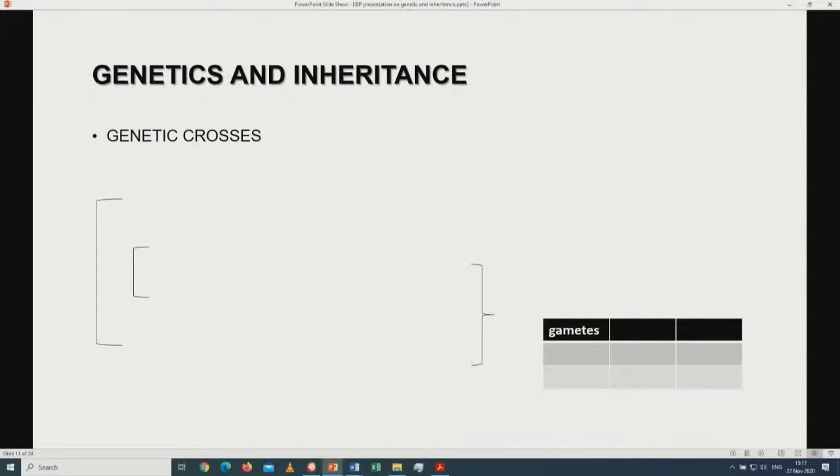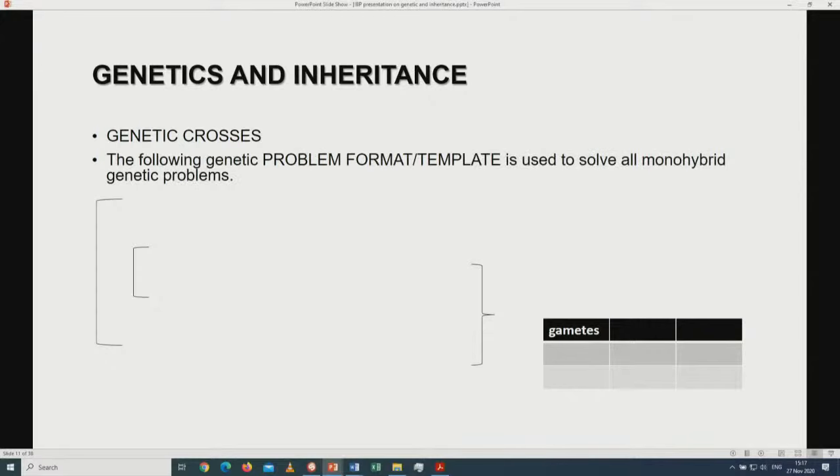Now when we do monohybrid crosses, we use the following template or format to solve monohybrid genetic problems. We indicate the P1, which states the parent generation, and then we indicate the phenotype of the parents, and also the genotype of the parents, and then meiosis occurs.